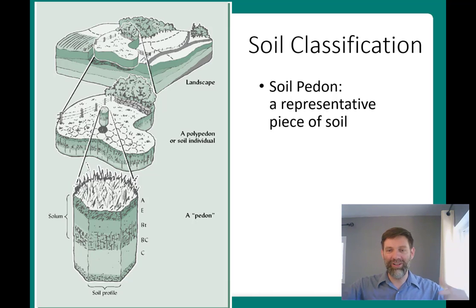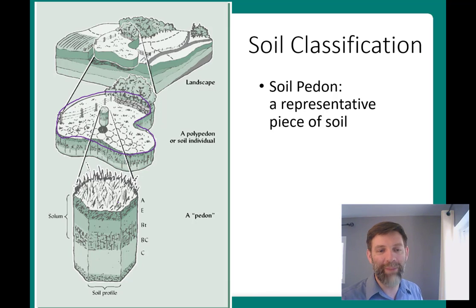It's the three-dimensional unit, and if you take all of the pedons that are similar to each other in an area and draw a line around them, that becomes what we call a polypedon, multiple pedons put together. And that polypedon then is a piece of the landscape, and that's sort of the individual.